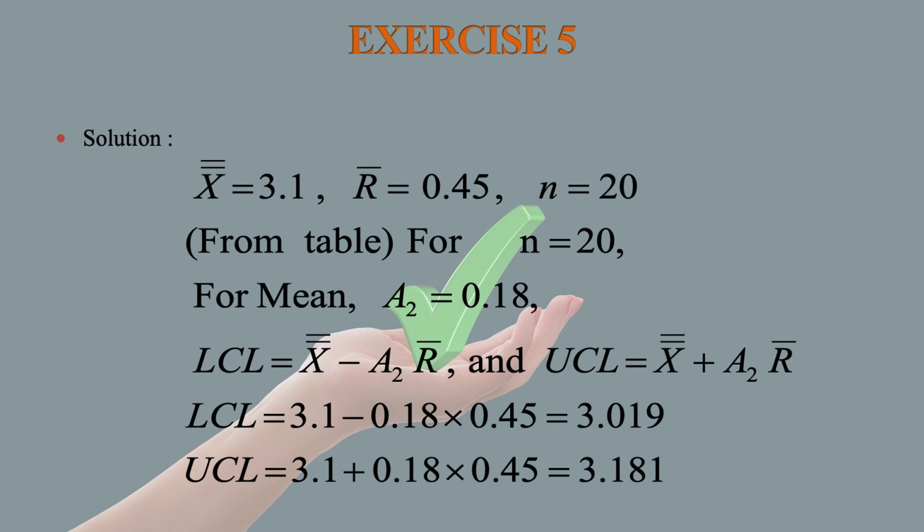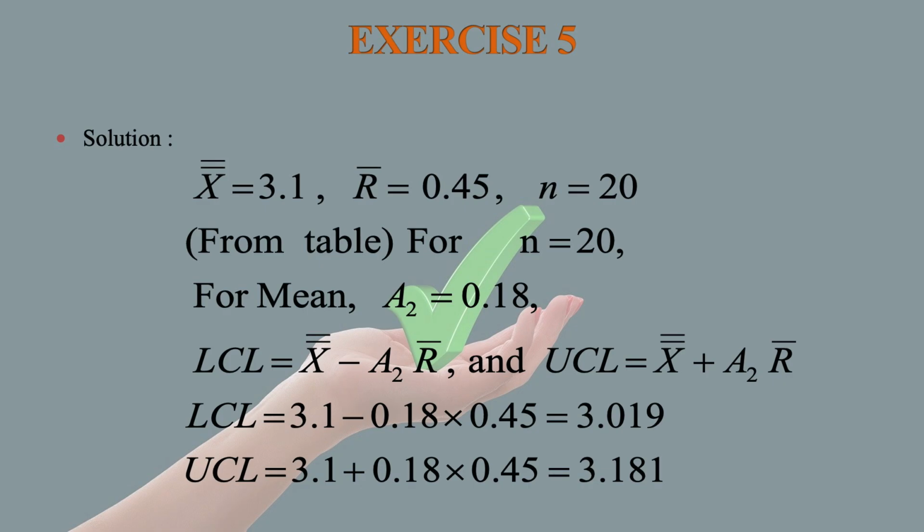So we know X double bar, we know R bar, we know A2, and we know the expression for LCL equal to X double bar minus A2 R bar, and UCL equal to X double bar plus A2 R bar. Just put the values in the expression and you will get the LCL and UCL.